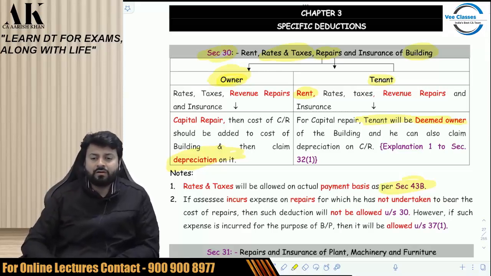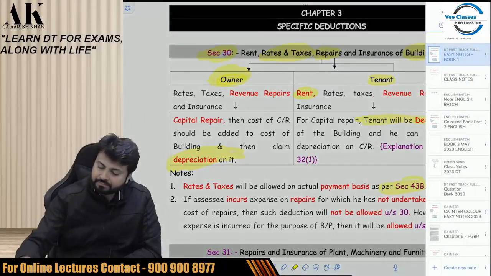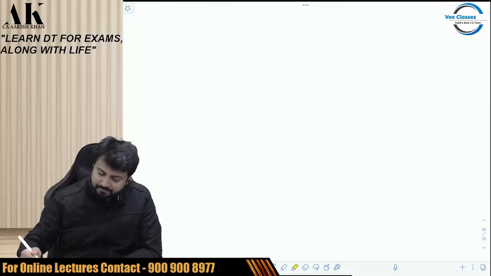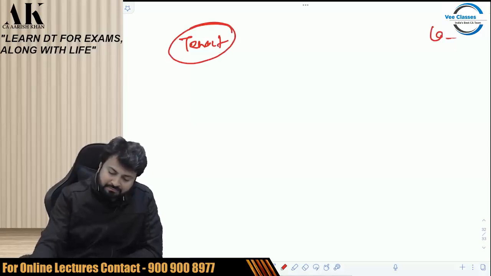Okay. Now, coming to the discussion of one point. Suppose, pay attention please. This is an important point which has been asked in exam once. Suppose I am a tenant and there is a landlord.